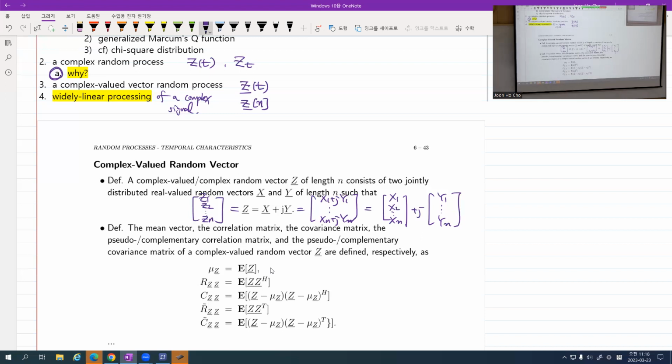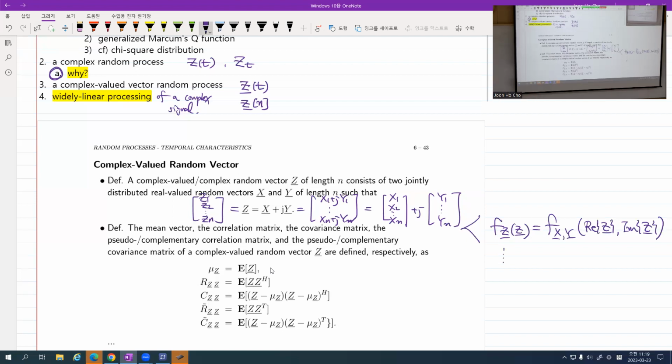Since this is the definition, it is very easy to define the density function of the complex random vector by simply using the joint density of the real part vector and the imaginary part vector, if it exists. CDF, characteristic function, all can be done in this way.